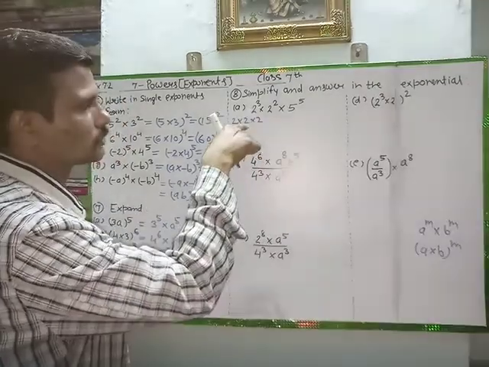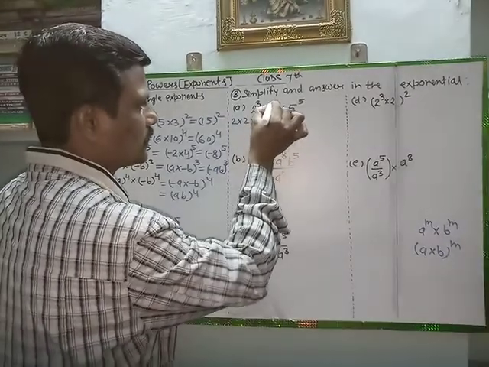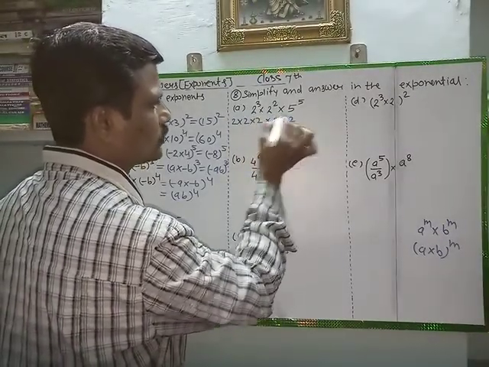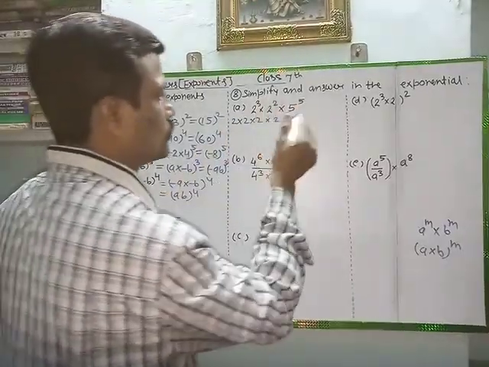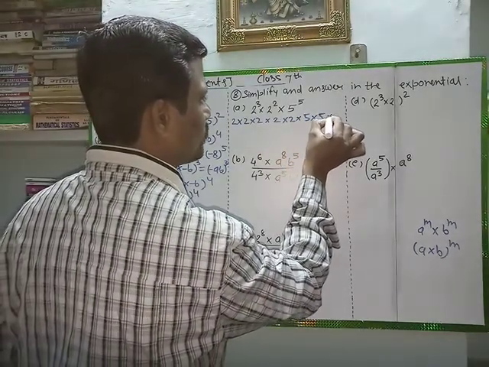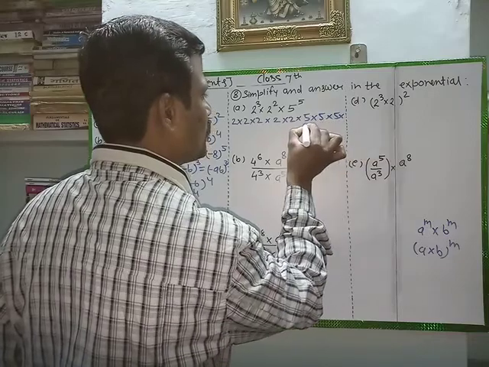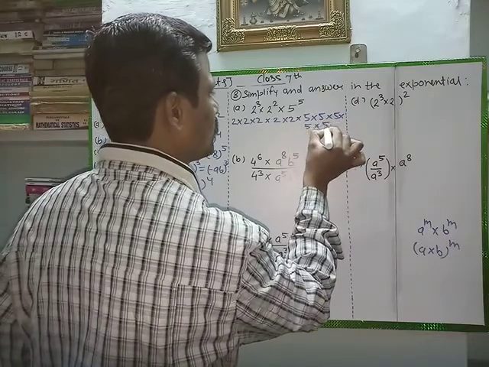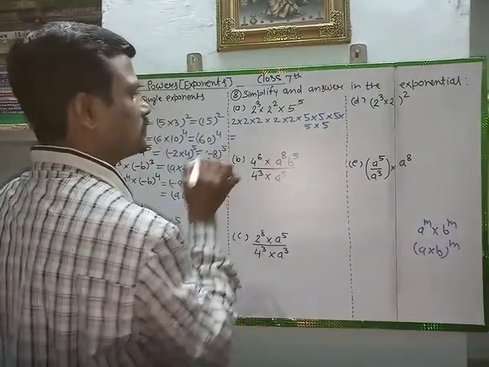This 2 to the power 3 multiplied by 2 and 2. Okay, 2 to the power 2 multiplied by 5, and 5 will be multiplied 1 time, 2 times, 3 times, 4 times and 5 times. Okay, so write this down.